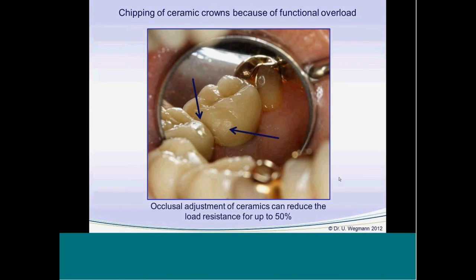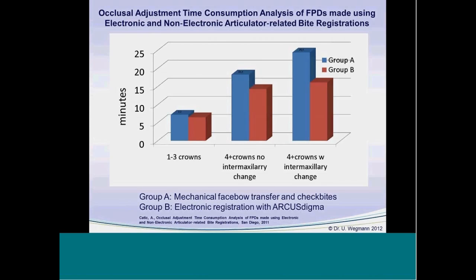And of course, if there's some overload and a reduction of load resistance, we will get a fracture. But we can avoid this problem when we do a perfect occlusal design. And there's another problem related to malocclusion or badly designed occlusal surfaces.